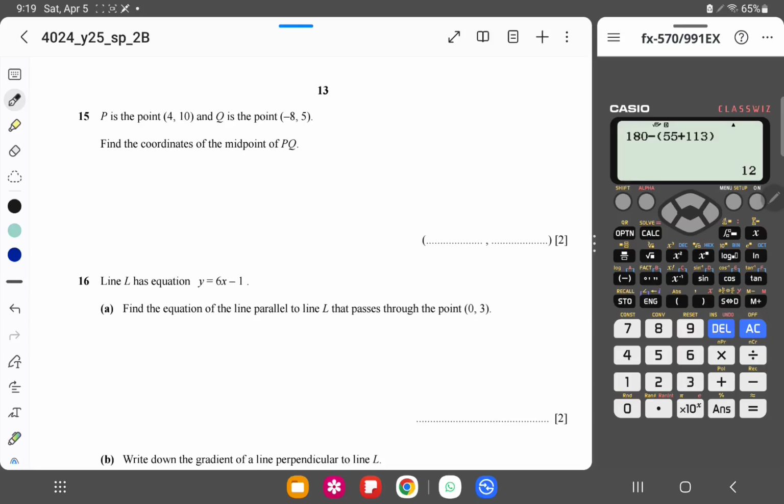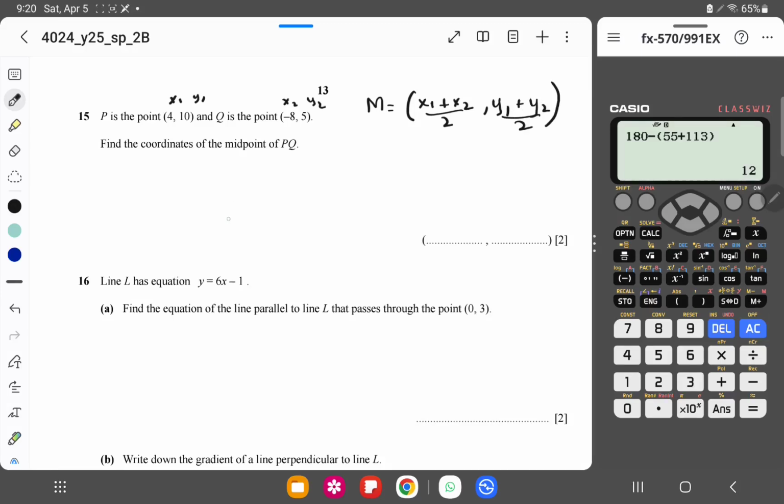Okay, the midpoint is required. P is (4, 10), Q is (-8, 5). Coordinates of the midpoint of PQ. Alright, so the midpoint of x1, y1 and x2, y2 is (x1 plus x2 upon 2, y1 plus y2 upon 2).